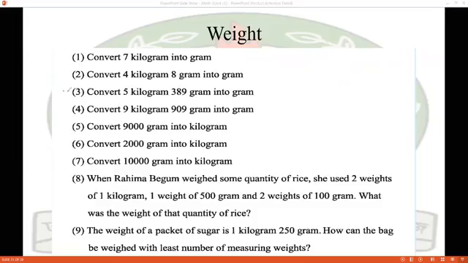Number 3, 5 kilogram 389 gram. We have to convert into gram.